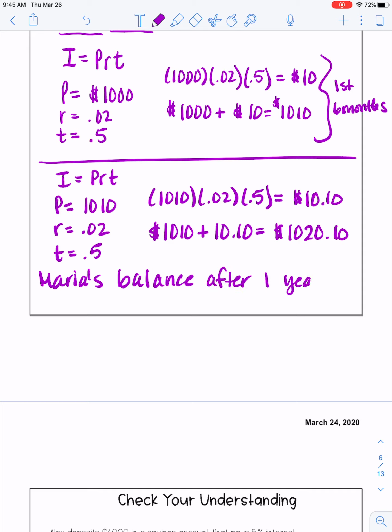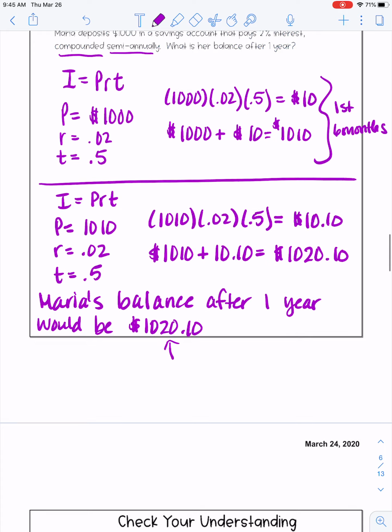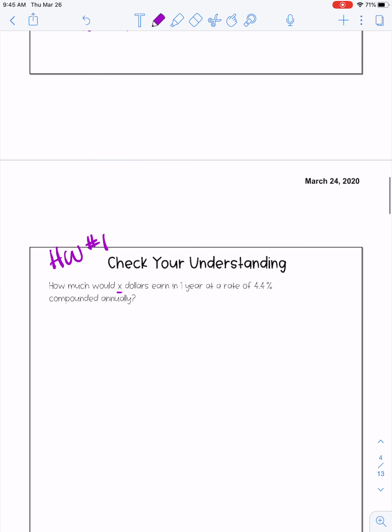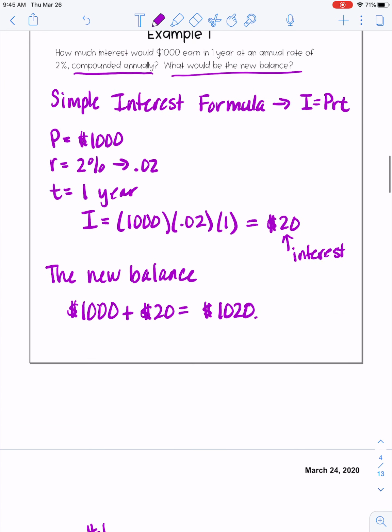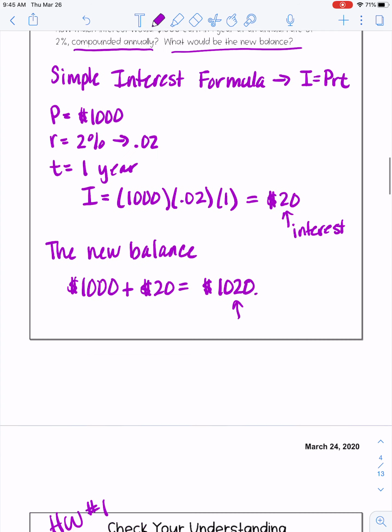So Maria's balance after 1 year would be $1,020.10. Now let's compare that. If I did it semi-annually, or twice a year, this is what her balance would be. If we go back to example 1, do you see her balance was only $1,020?